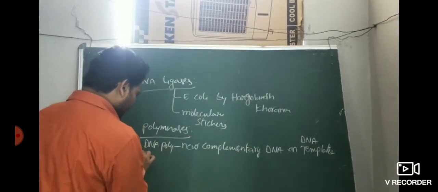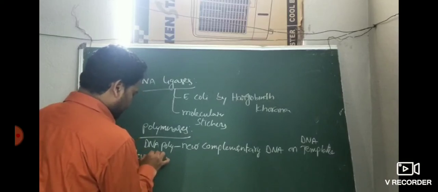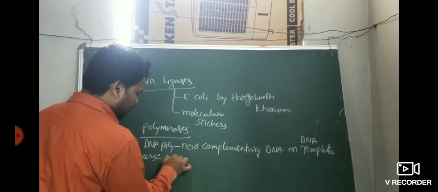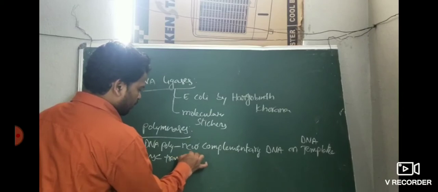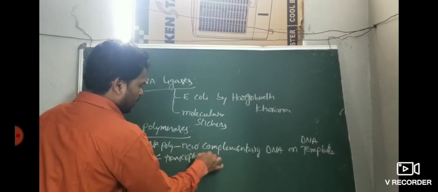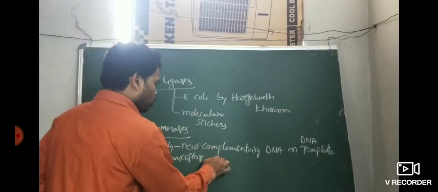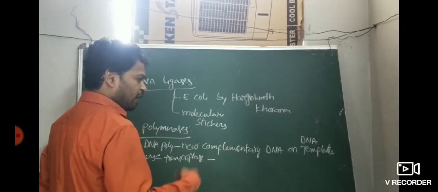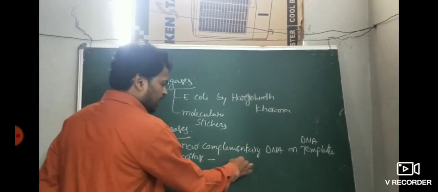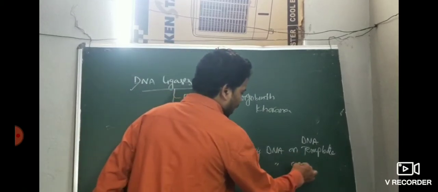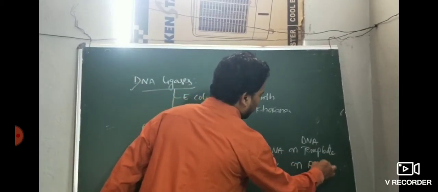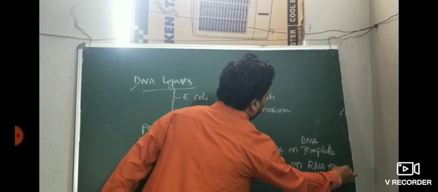For example, reverse transcriptase enzyme, or RNA dependent DNA polymerase. You know very well, RNA dependent DNA polymerase helps to synthesize new complementary DNA on an RNA template.